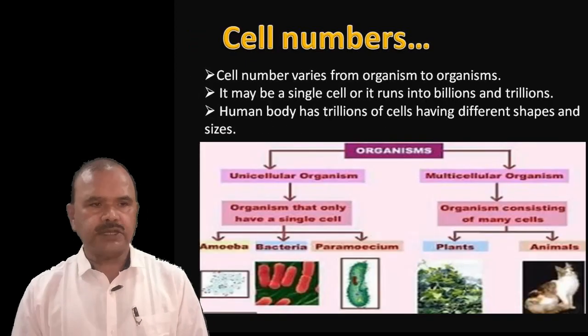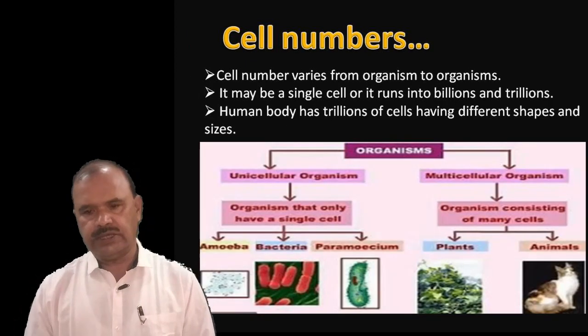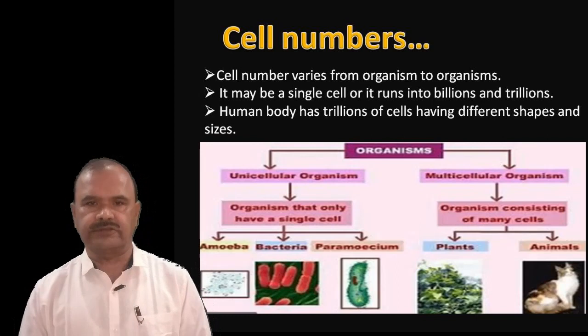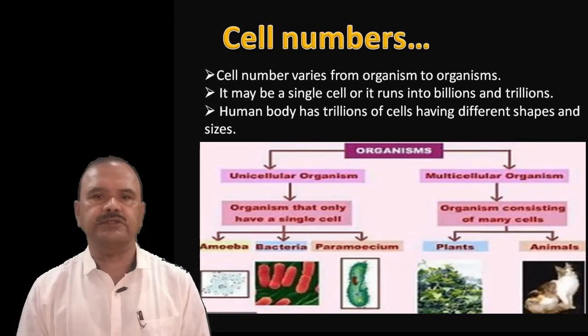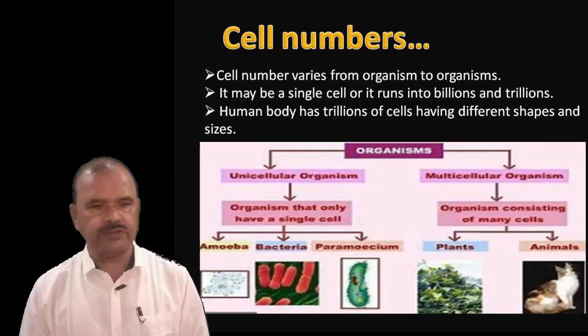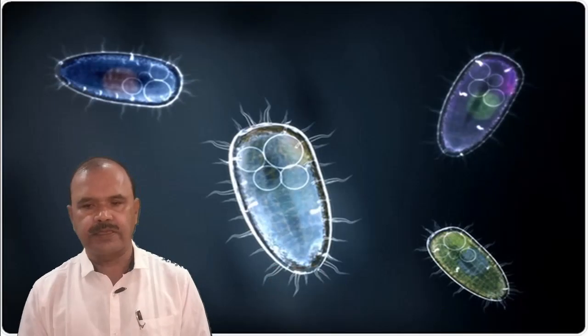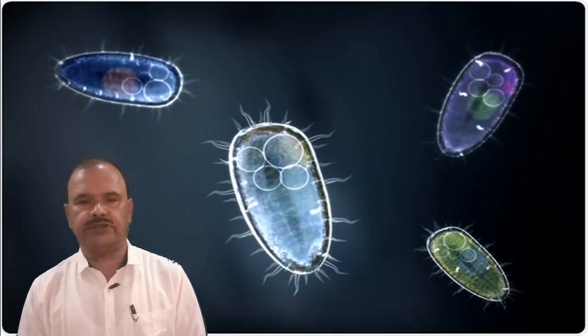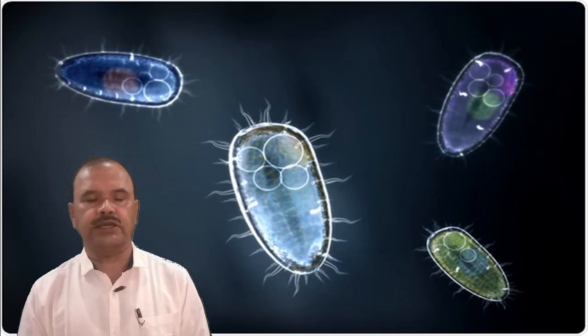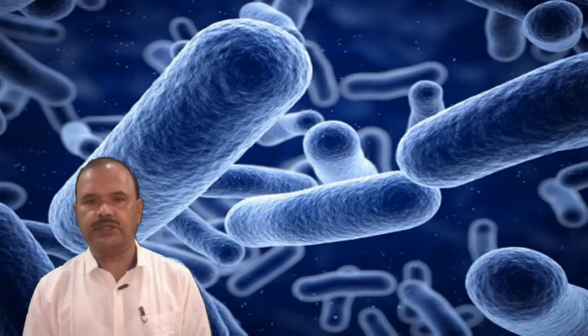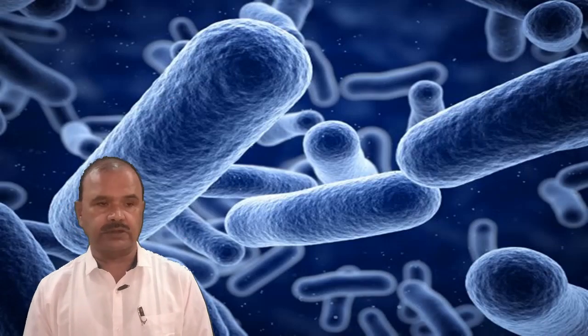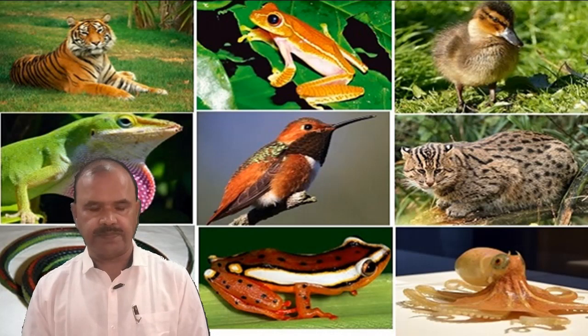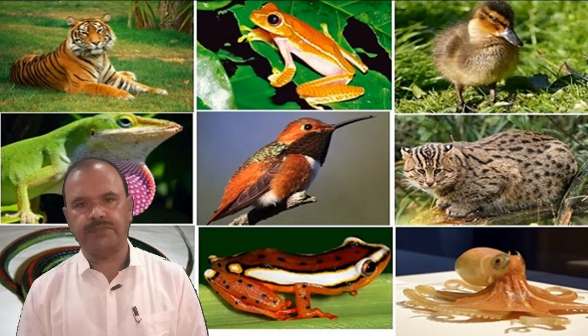As per the number of cells, every living thing starts from a single cell. But in nature we find some living organisms having a single cell only, and they are called unicellular organisms, like amoeba, paramecium, bacteria, and many other microorganisms. On the other side, many of the millions of organisms are made up of more than one cell, and their body is very complex.